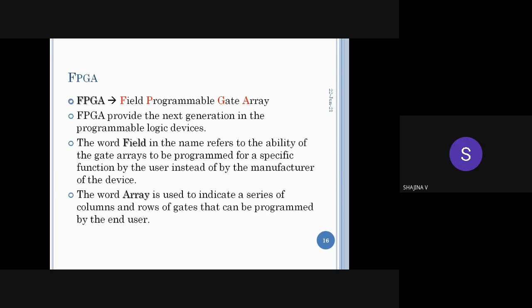That is a gate array, and it is programmable by the user. And also it is possible in the user's workspace. That is why we are calling it field programmable gate array.